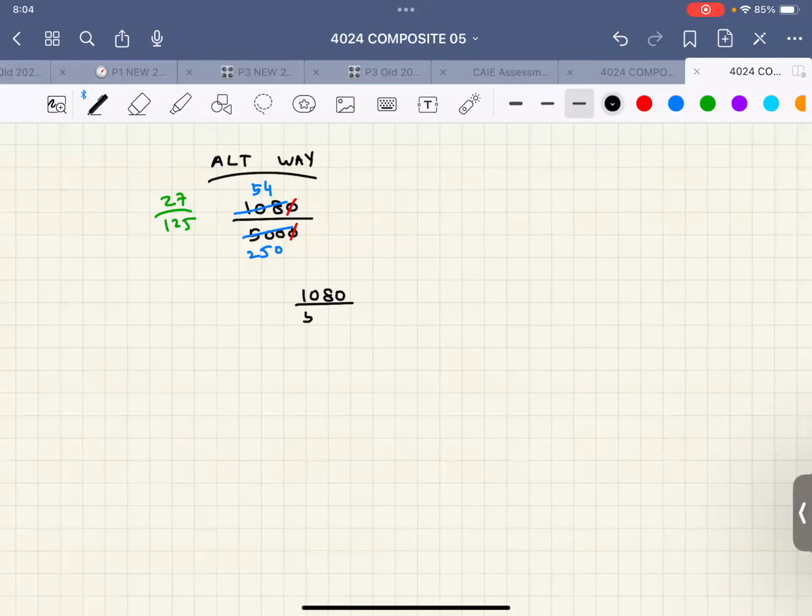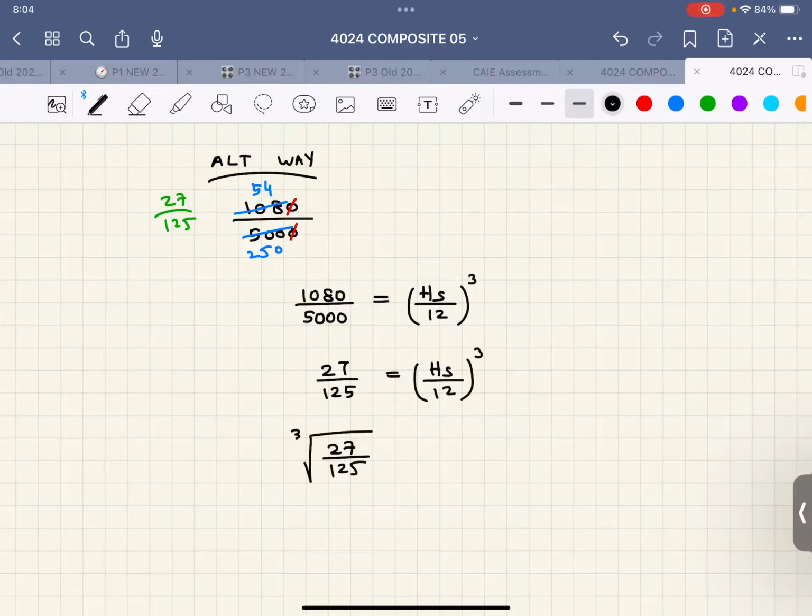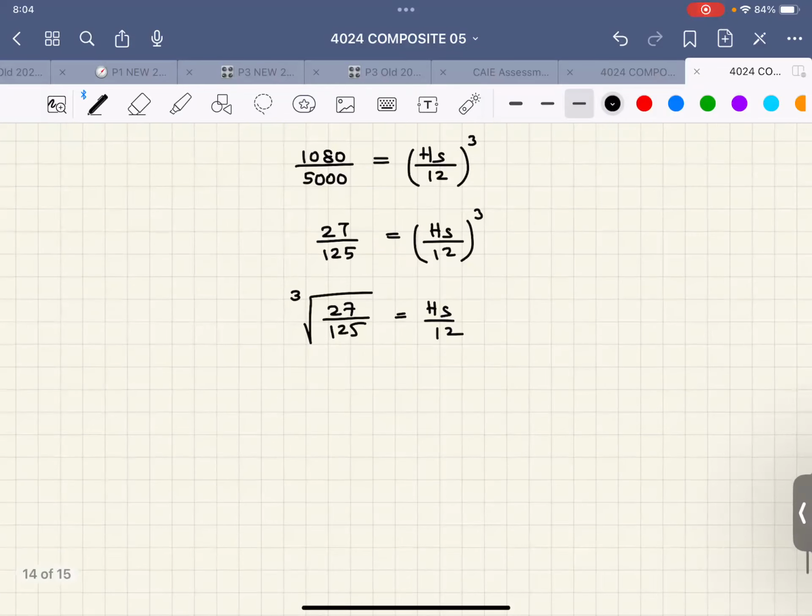1,080 over 5,000 is the small height divided by big height, the whole thing cube. This, after simplification, is 27 over 125. This is HS over 12, the whole thing cube. Therefore, the cube root of 27 over 125 is HS over 12. Cube root of 27 is 3. Cube root of 125 is 5.